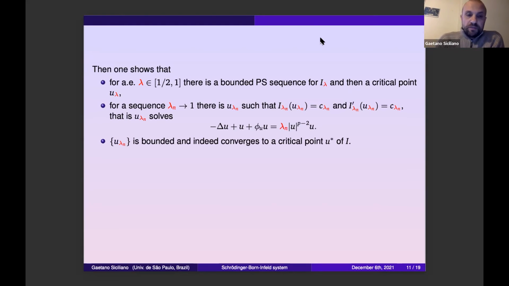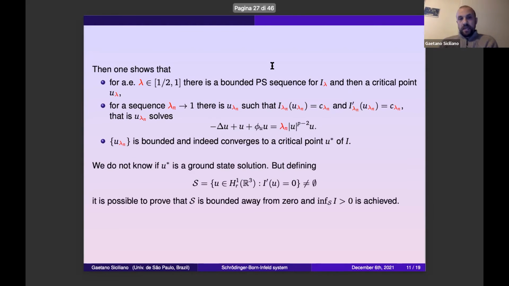These critical points, in some u star. I do not know if this solution u star is a minimum, a ground state, but you can see that we can minimize the functional over S, which is the set of all the possible solutions, which is non-empty because u star is there.